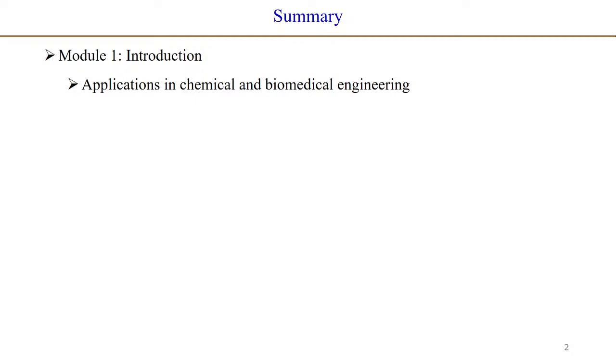As a result, when we design biomedical devices, we need to take into account the fluid mechanical aspects in the design of these devices. Then we looked at some basic mathematics, for example, vector algebra, etc.